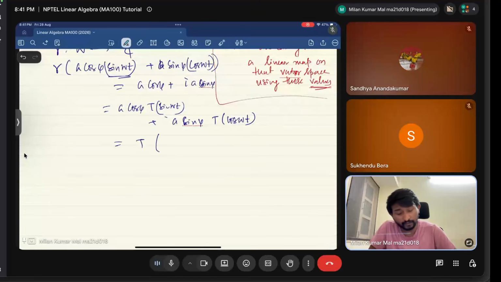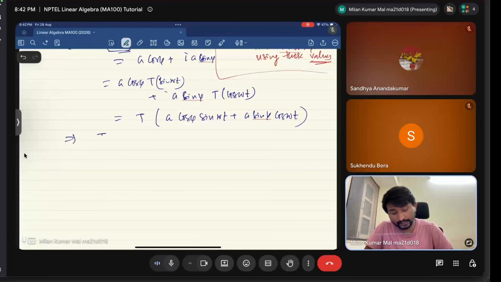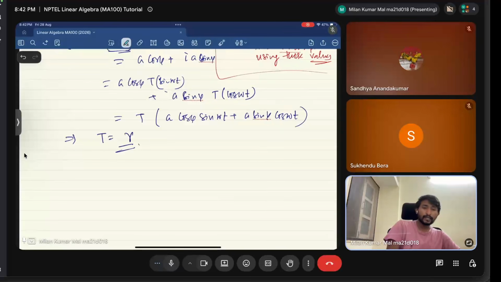Since T is a linear map, that goes to A cos phi sin wt plus A sin phi cos wt. So here is one fact we are getting: T is equal to gamma. Here is one fact I am using: I am ultimately proving that if you have two linear transformations that agree on a basis, then they must be the same.